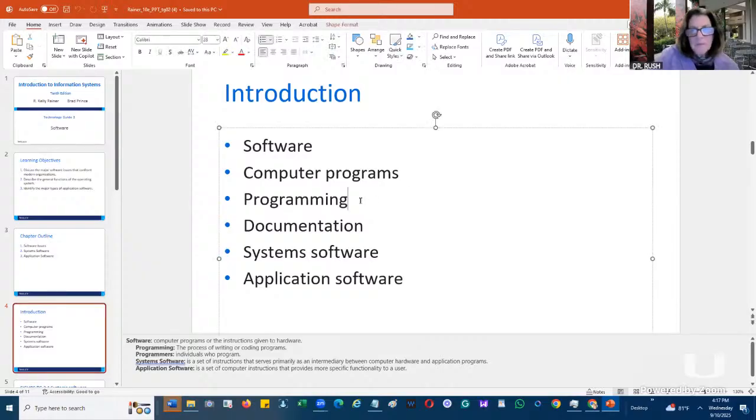Basically, my computer programs are instructions based on algorithms.